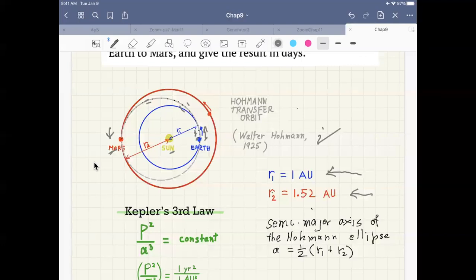The major axis is the distance from the Earth to Mars in this configuration. In other words, it's the large diameter of the ellipse. The semi-major axis is 1/2 of the major axis. It's kind of the large radius. Not really radius, because the ellipse is not circular. It's elliptical.